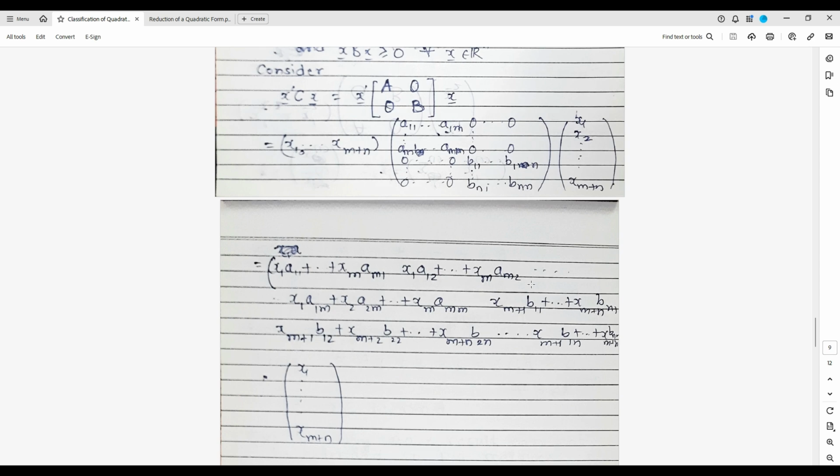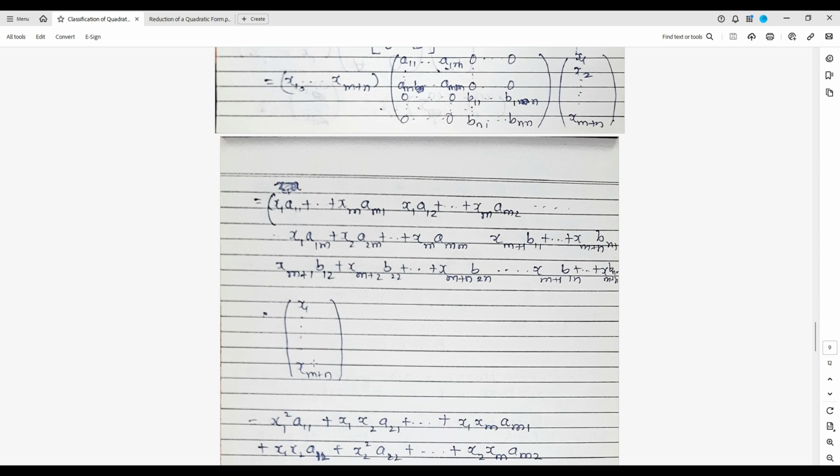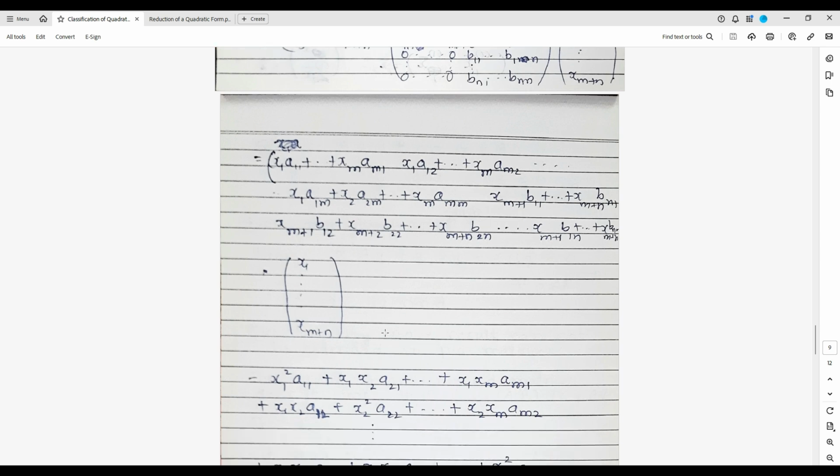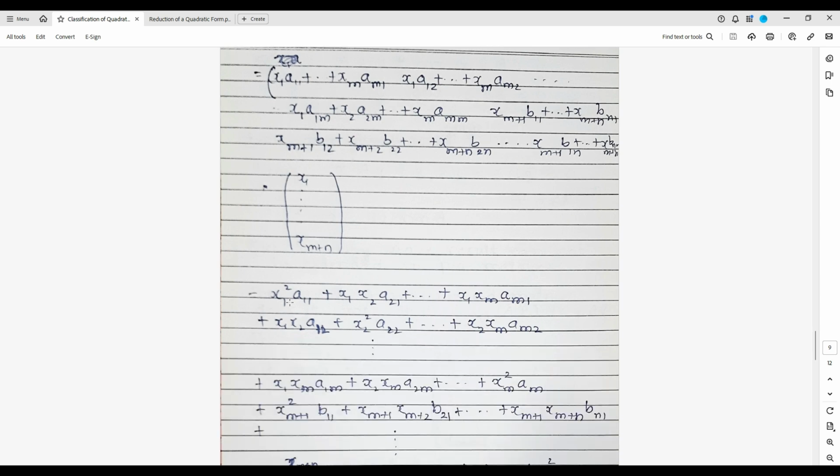And now we will multiply this row vector by this column vector. So what do we get? We get x1 square a11 plus x1 x2 a21 and so on plus x1 xm am1. That would be multiplying x1 with the first element in this row. Then we will multiply the second element of this column, that is x2, with the second element in this row vector.